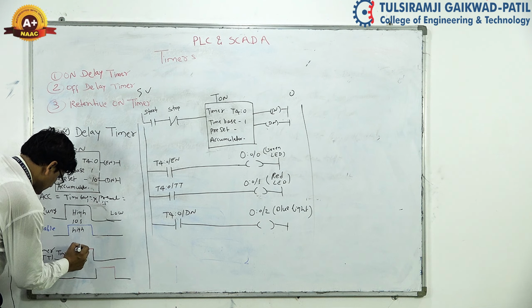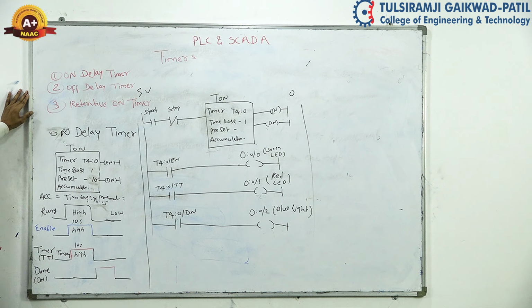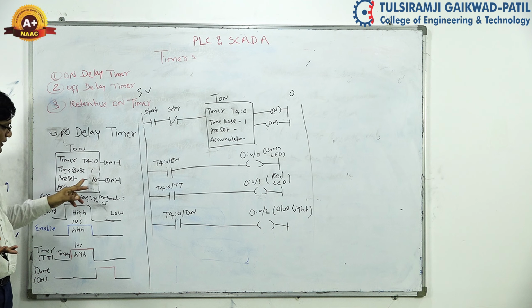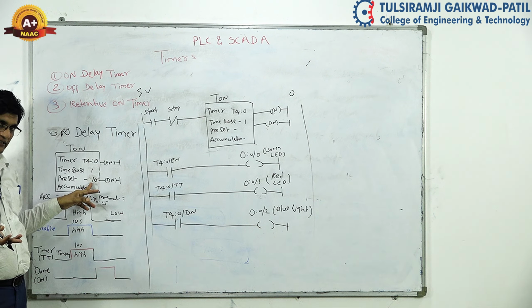Here we can write 10 seconds. Then after the completion of 10 seconds, the timer timing bit is on for the 10 seconds, and the 10 seconds is over, because we have provided the delay as 10 seconds.